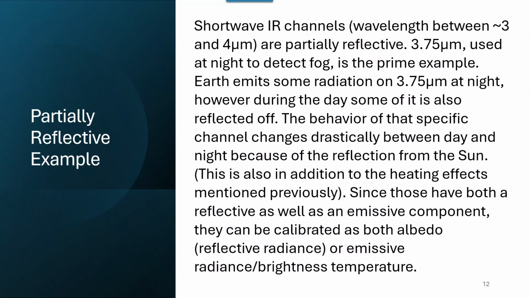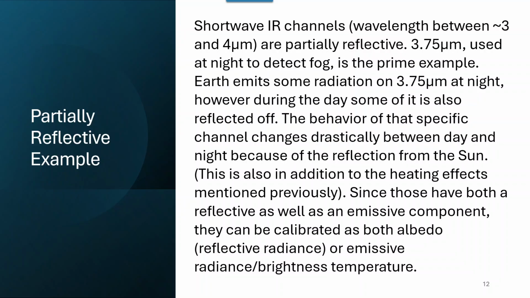We're now going to look at a partially reflective example. Shortwave IR channels, wavelength between about 3 and 4 micrometers, are partially reflective. 3.75 micrometers used at night to detect fog is a prime example.